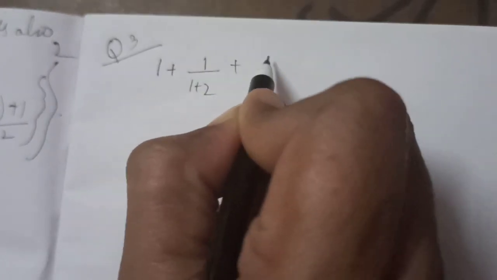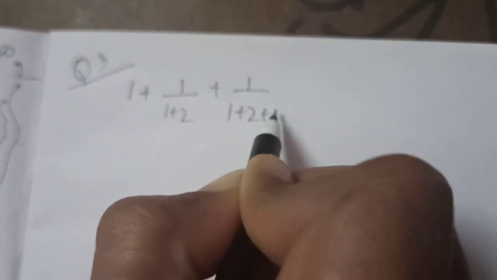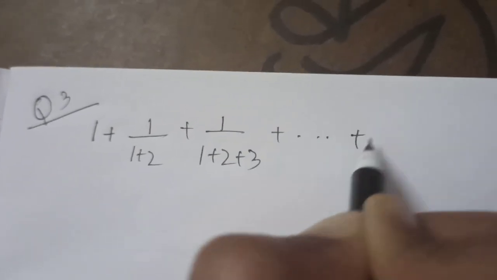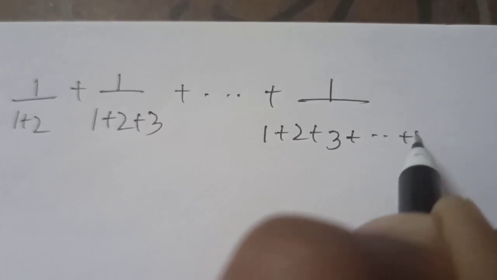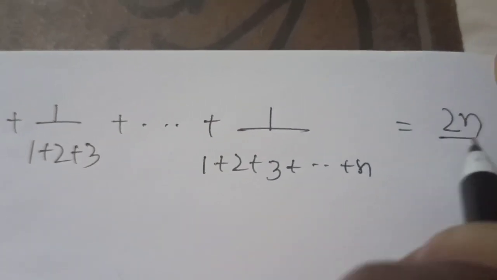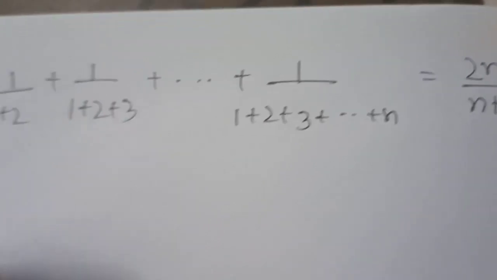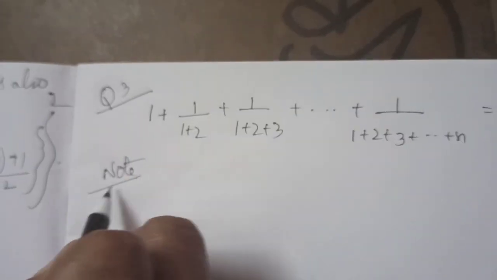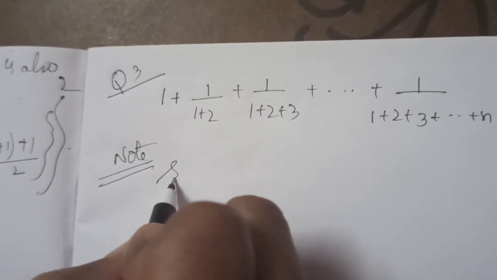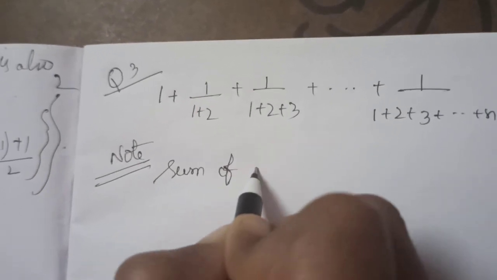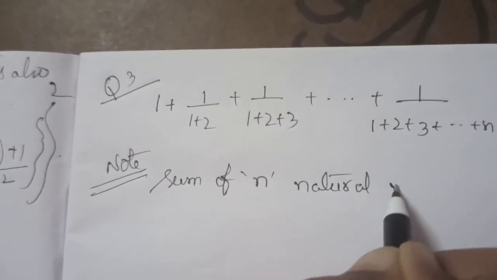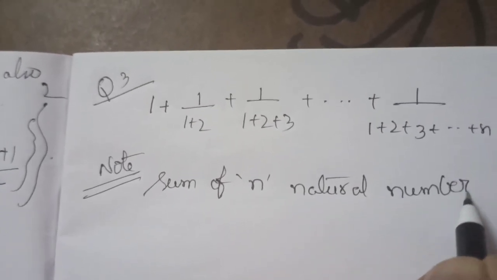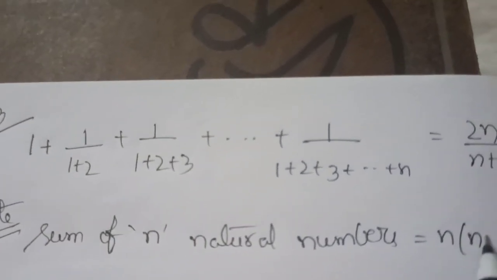Consider 1 upon 1 plus 1 upon 1 plus 2 plus 1 upon 1 plus 2 plus 3, in this way continuing, 1 by 1 plus 2 plus 3 up to n, which is equal to 2n by n plus 1. But here note one small formula we are using, that is, sum of n natural numbers equal to n into n plus 1 by 2.